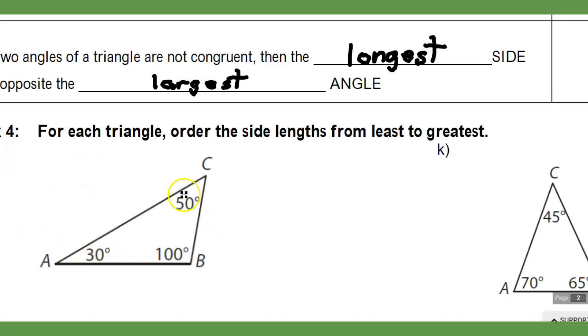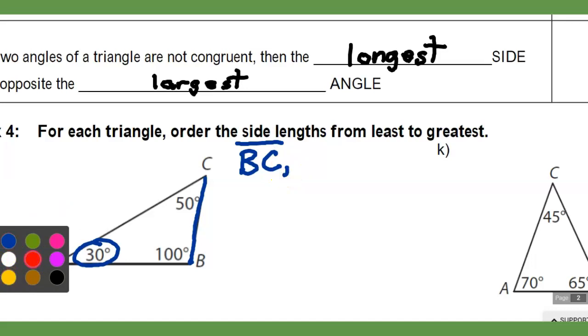So we have the smallest angle here would be 30, which is angle A. So opposite angle A would be, of the three letters, take out A. So you're left with BC. So BC would be the shortest length. And then we can continue that.